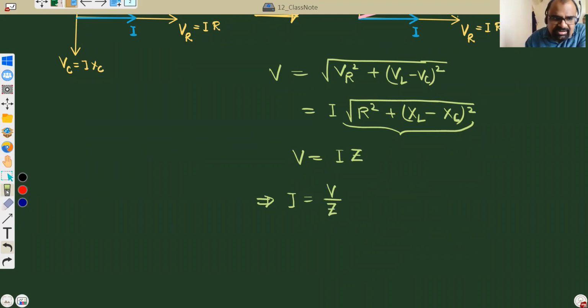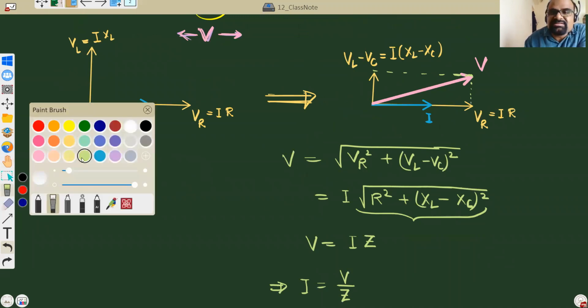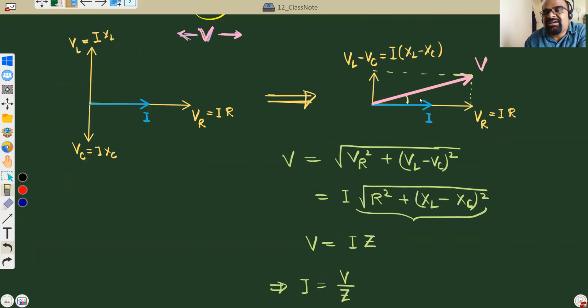And what about that angle phi, the phase difference between the source voltage and the current? Well, in this case, voltage is leading, current is lagging behind. However, that will not always be true. This is true because here VL was greater. If VC was greater, then this diagram would have been like this, and this would have been the voltage phasor, and this would have been the angle.